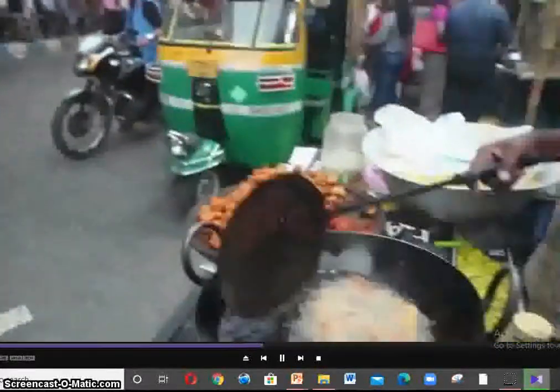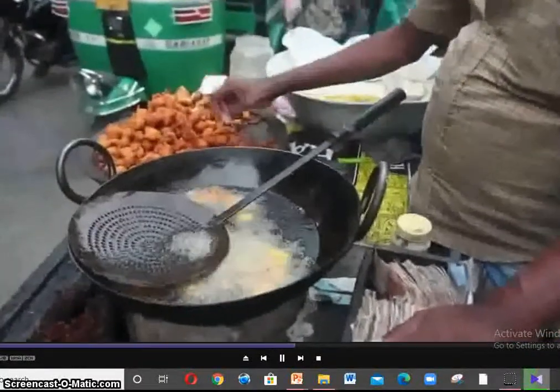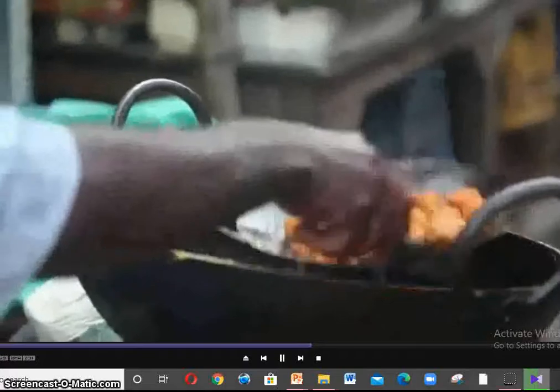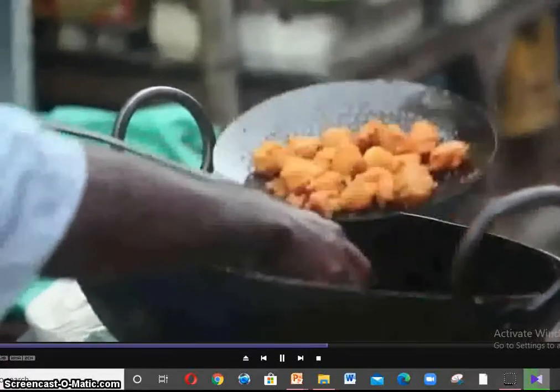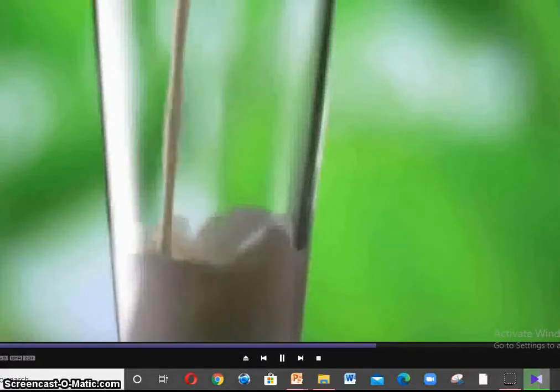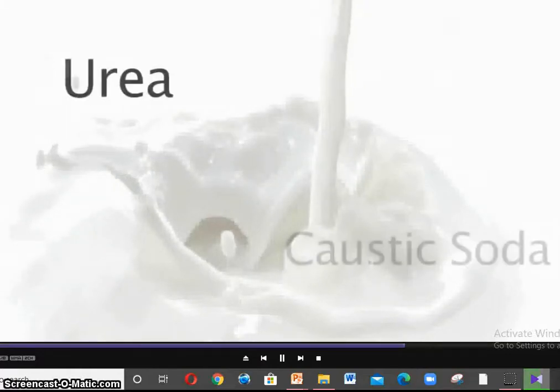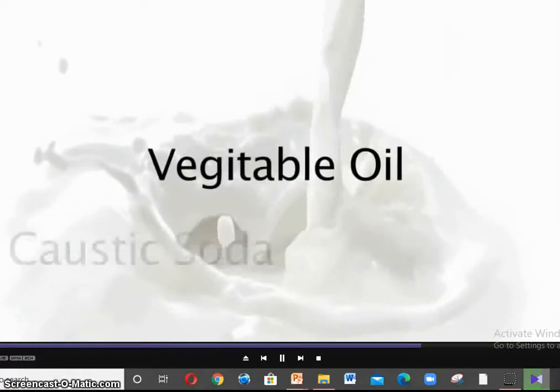Adulteration is a behind-the-scenes killer, and we are allowing it to happen right under our very noses. Are we okay with feeding our children milk that is mixed with synthetic milk that contains urea, caustic soda and vegetable oil?